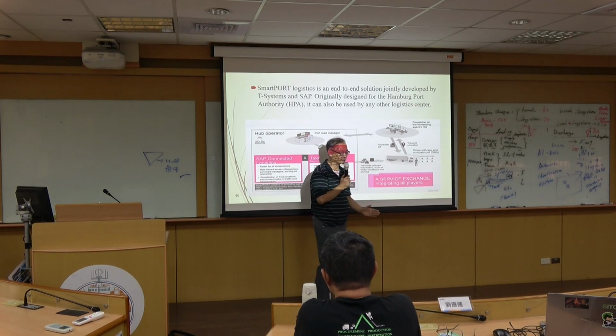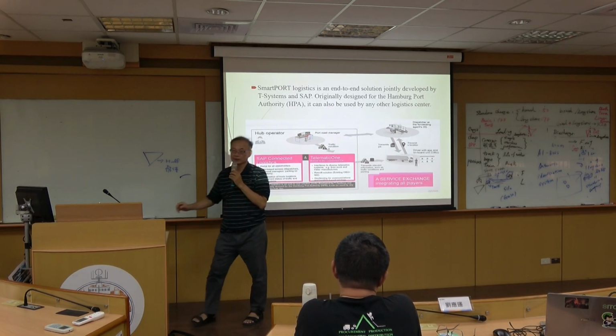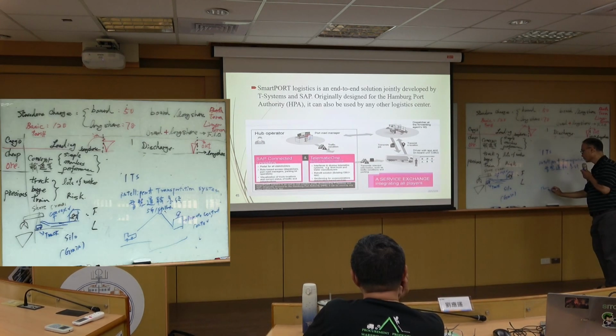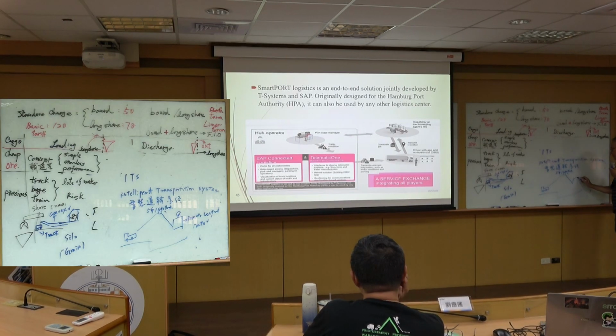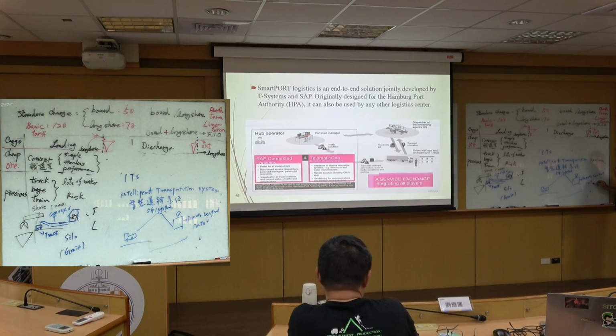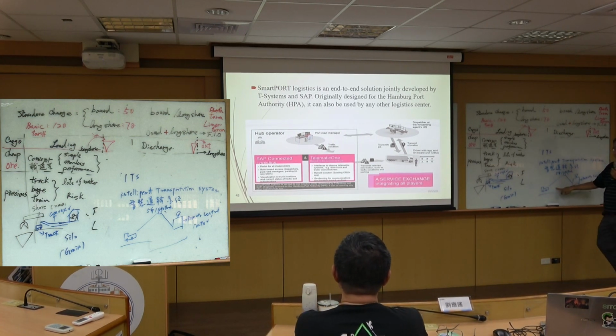So the truck can use what we say is ITS. ITS means Intelligent Transportation System. I have a truck, right? The truck is running in the port, and it's connected by Wi-Fi, 5G, sometimes satellite, and then they have a remote control center to connect with this truck, okay?